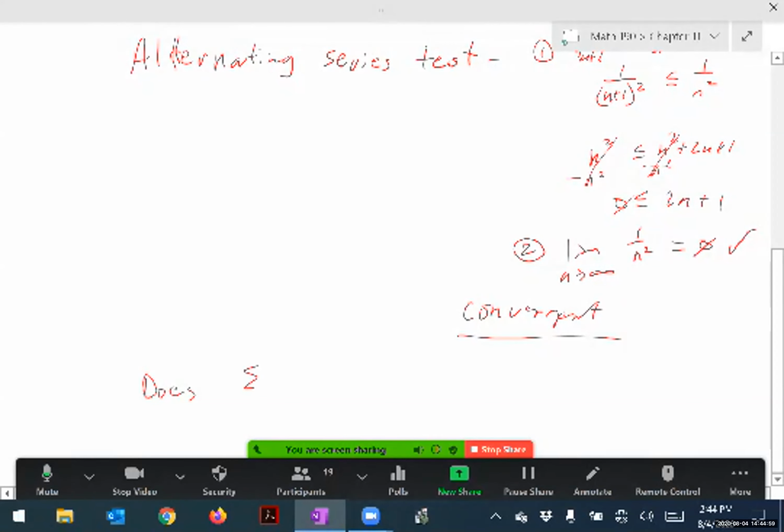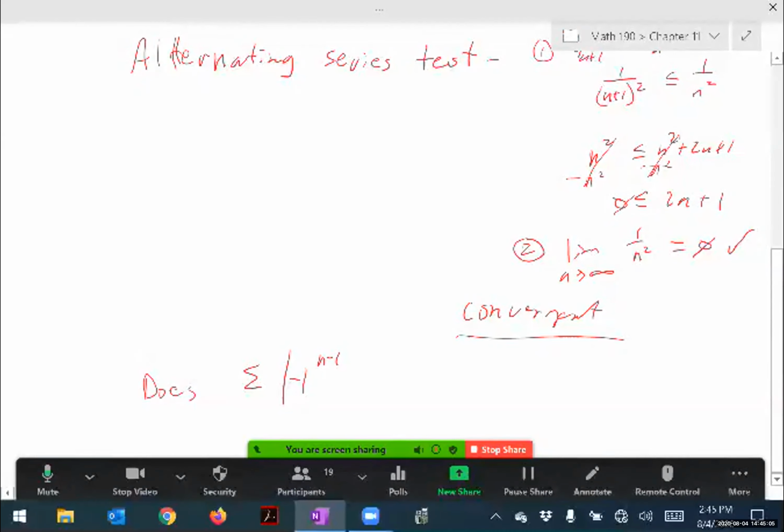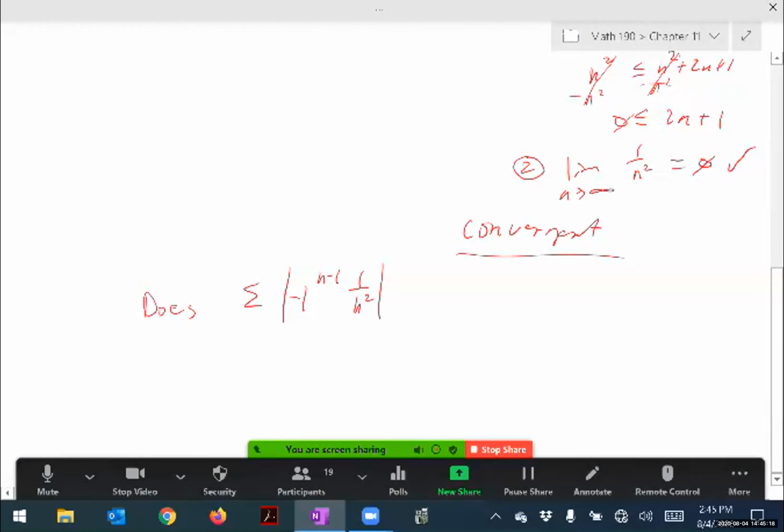Does the sum of the absolute value of (-1) to the n minus 1 times 1 over n squared converge? That is just the terms without the alternating signs.